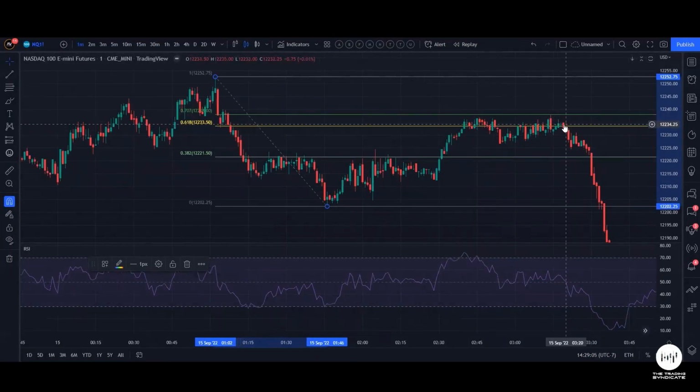Now, you could take the trade to the downside at the 0.618 level and play that for a reversal downward, either to the 0.382 level or to the 0 level, and set your stop loss with a candlestick close above the 0.707. Notice we did get a wick touch right here, but since we did not see a candlestick close above the 0.707, you would not have stopped out of the position and you would have profited nicely on this move to the downside.